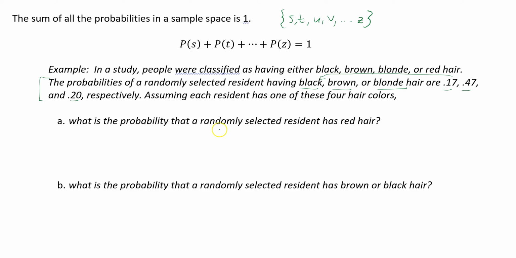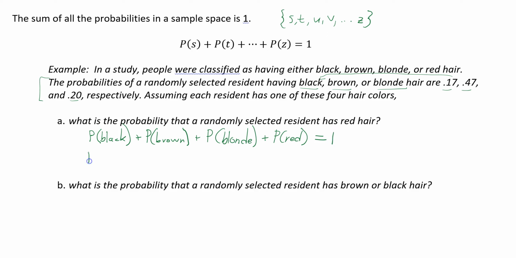Okay, so let's go back to question A. What is the probability that a randomly selected resident has red hair? Well, the problem didn't tell me the probability of red hair, but it does tell me that there are only 4 colors that this problem had. There was black hair, there was brown hair, blonde hair, and red hair. So this was all of the items or colors in my sample, which means all these probabilities should add up to be 1.